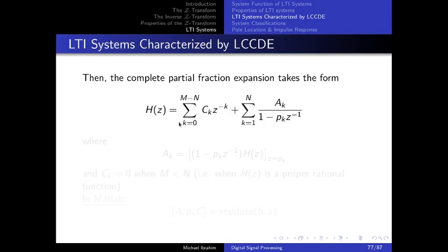So in this case, H of z will have a summation of terms of the form z to the power minus k, z to the power 0, minus 1, minus 2, with coefficients ck, and then you get a proper rational function, and then do partial fraction and get a constant over 1 minus pole pk times z to the power minus 1. So this is the general form of the partial fraction expansion.